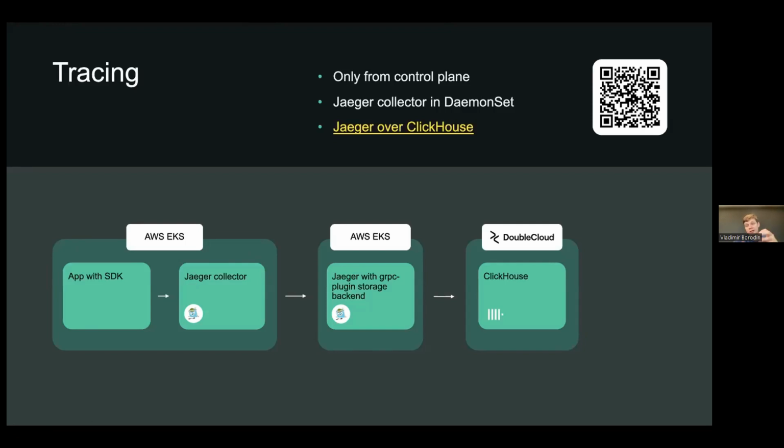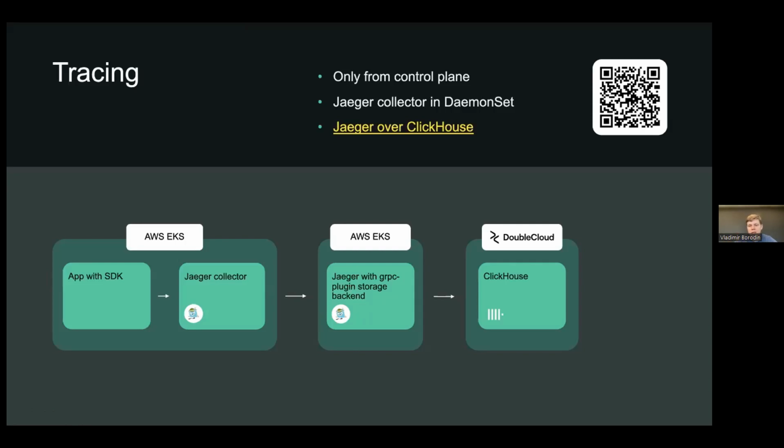The collector collects data into batches and sends them to the Jaeger server, which is deployed in a separate infra-plane AWS account in a separate Kubernetes cluster. And as a storage for all this data, it uses ClickHouse. This ClickHouse is managed by ourselves, by DoubleCloud. So we are dogfooding our own service.